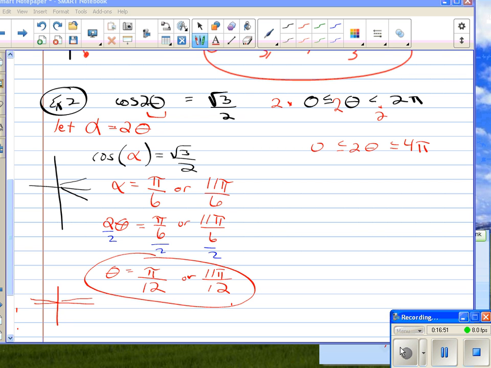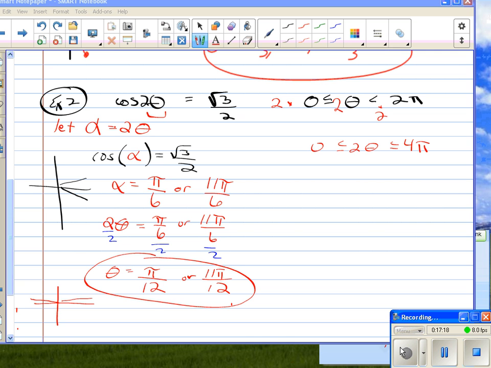Here's 11 pi over 6. Here's pi over 6. Well, we need to go not just to 2 pi, we need to swing all the way around to 4 pi. So that means I need to go around the circle not once, but twice. Now these are still the 2 angles that are going to satisfy the cosine being the square root of 3 over 2. So I just need to add 2 pi to pi over 6.